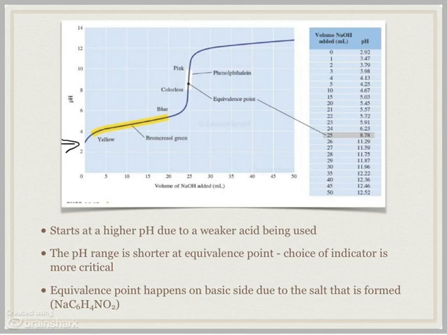Now as far as indicators go, it's especially important now to be able to figure out the correct indicator, because you don't want to use something that's way below the pH, or else you're not going to get a good idea of the change that's happening. So for example, using the beginning indicator that we used in the previous example, you're able to see that the color change happens completely before the equivalence point even occurs.